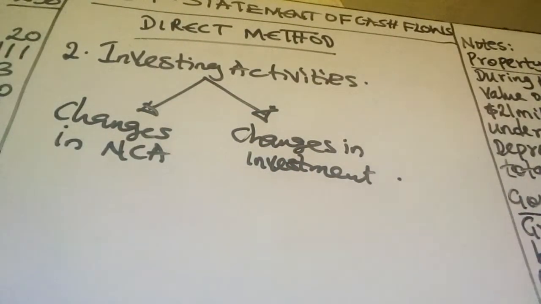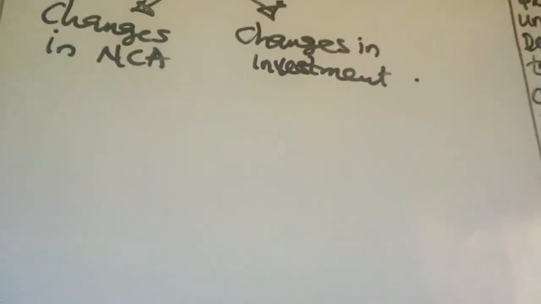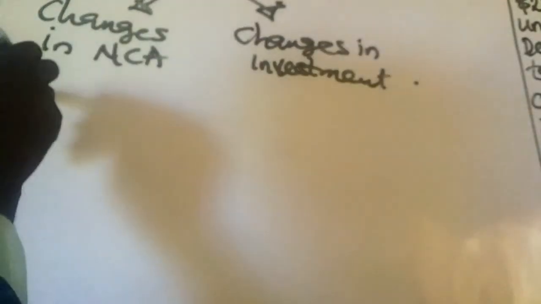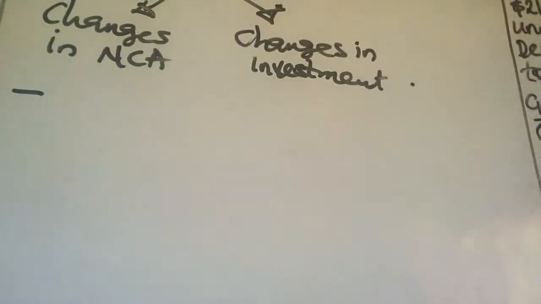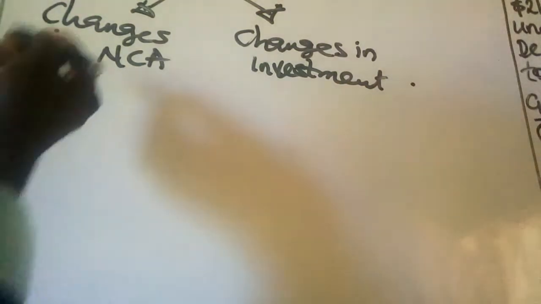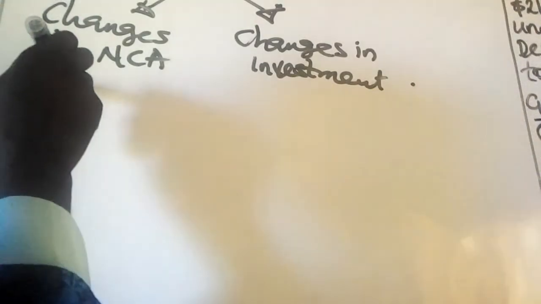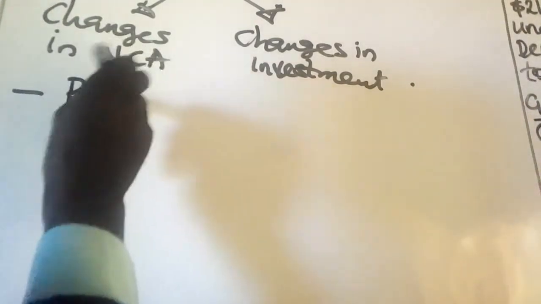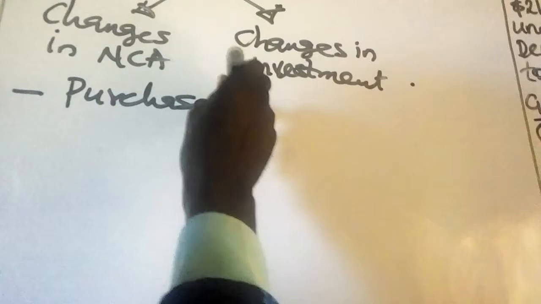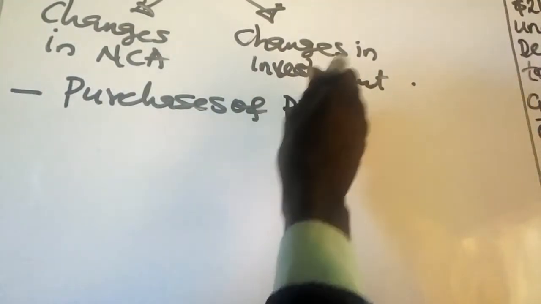Your non-current assets include property, plant, and equipment, so you will need the movement in property, plant, and equipment. What will bring about changes in property, plant and equipment is, one, an acquisition, so you have purchases of property, plant and equipment.